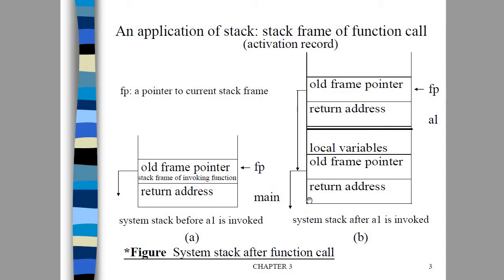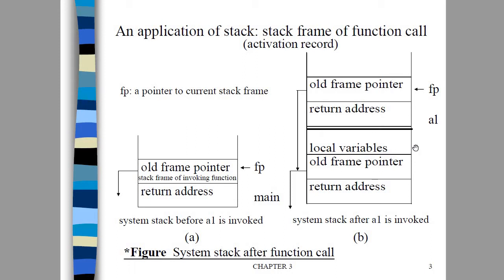Now from the main function, for example, if we are calling the square root function or scanf function or printf function, then another memory frame will be allocated. Whatever the local variables are for that particular function, those details will be stored.